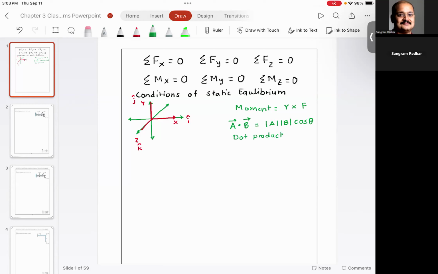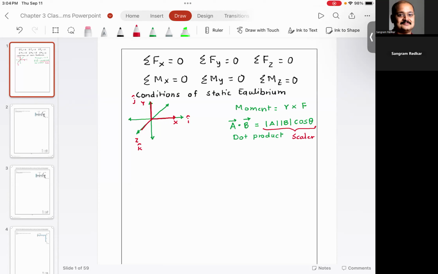Now, it is extremely important to understand A is a vector. It has magnitude and direction. B is also a vector. It has magnitude and direction. But dot product is a scalar quantity, which means it only has magnitude.